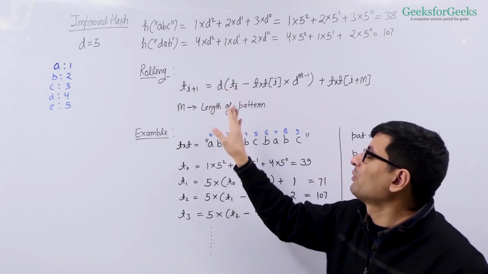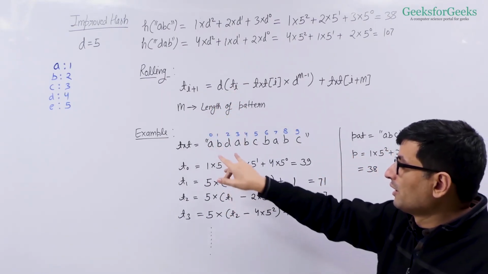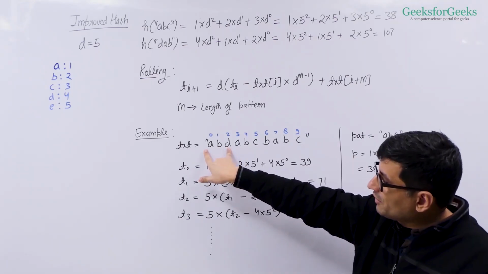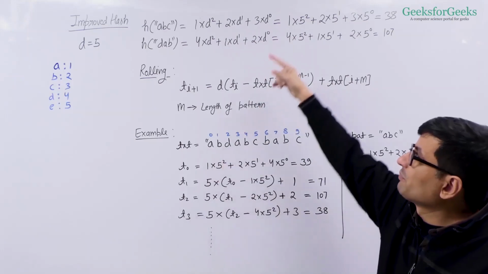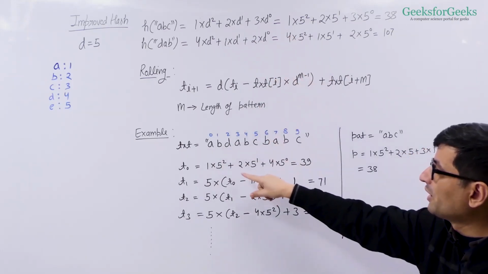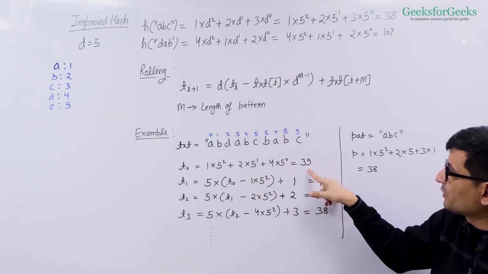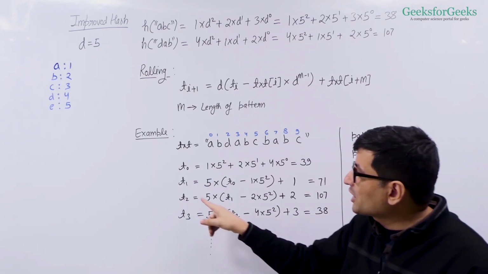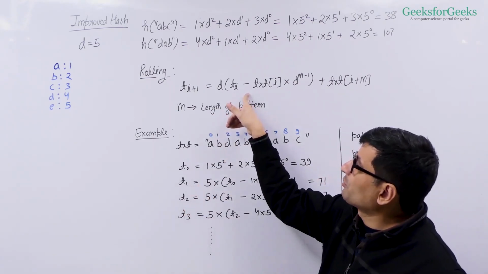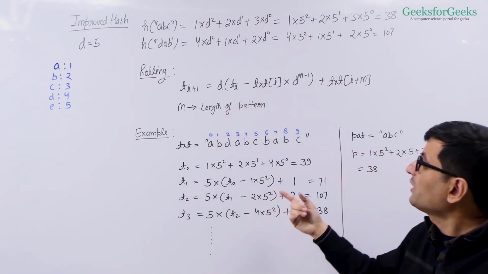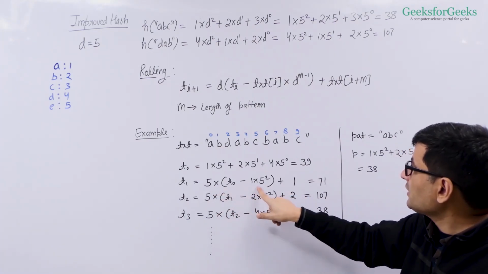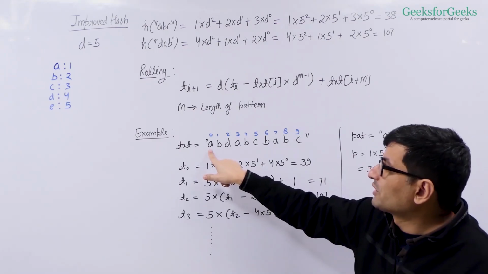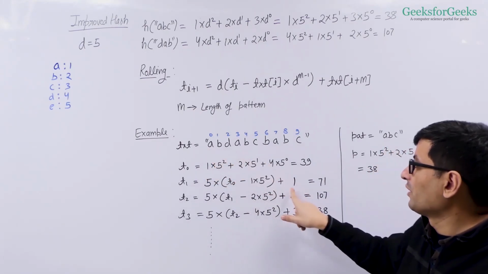Let's understand this formula with these examples. So we first compute the hash value t0 for the first window explicitly. I simply use the above computation to get the hash value for the first window. Now to compute the hash value of the next window, I'm using this formula. And how are we using it? We have d equal to 5, t naught equal to 39, minus 1 into 5 square, plus 1, right?